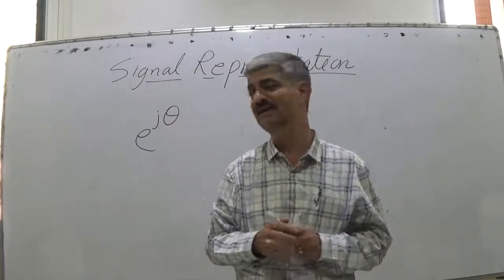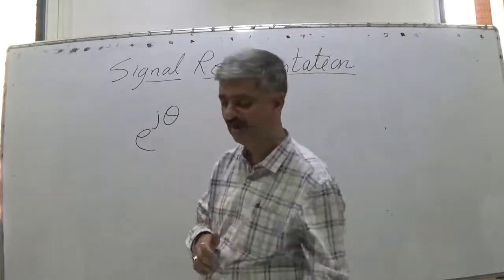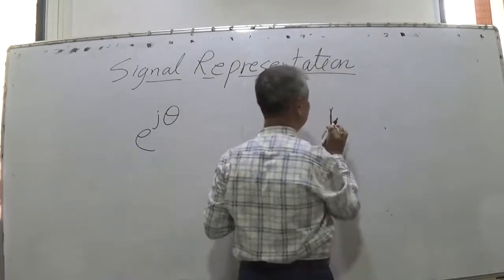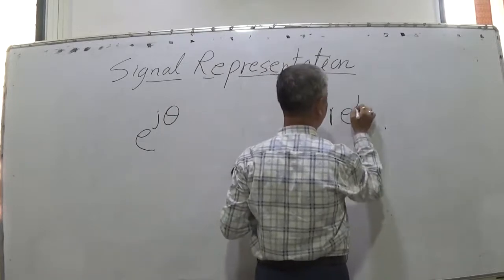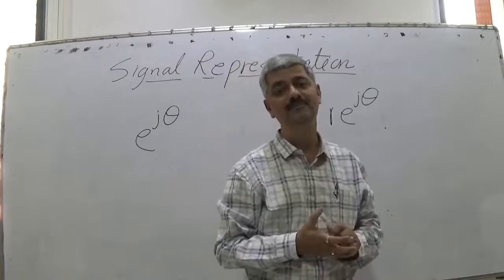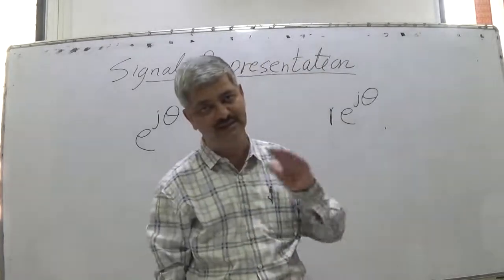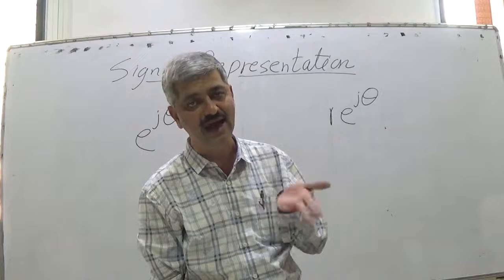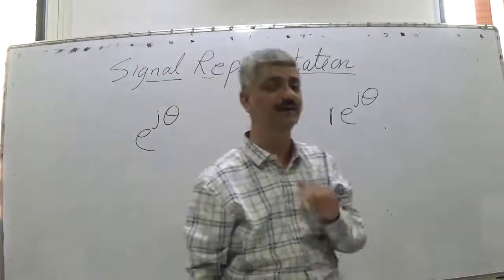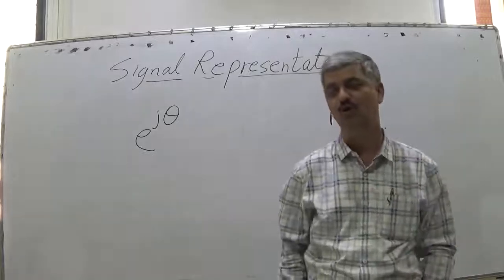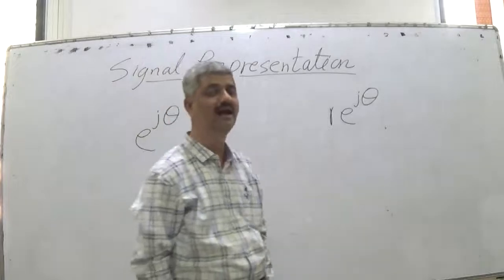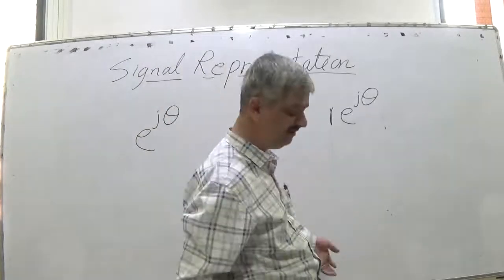Now when we multiplied by another number, that time we multiplied by r, where r is a real number. When we multiply by r e raised to j theta, then it is a point on a circle of radius r at an angle theta. So the alternative form of representing a complex number in polar coordinates is fulfilled by r, that is the radius, the distance from origin, and theta is the angle, r e raised to j theta.